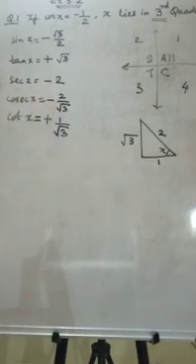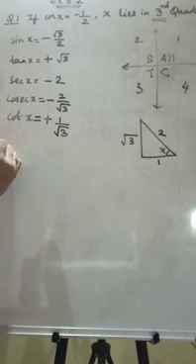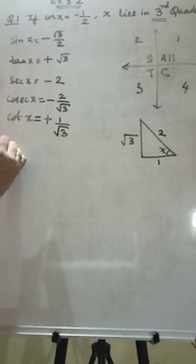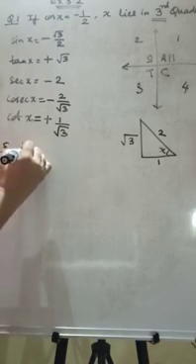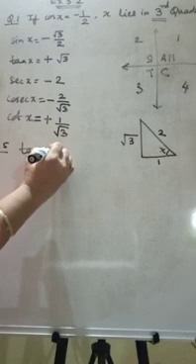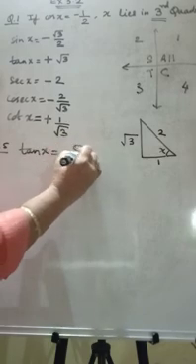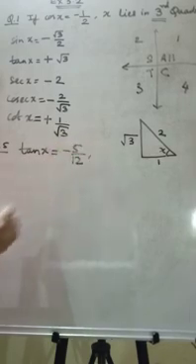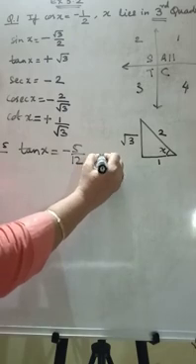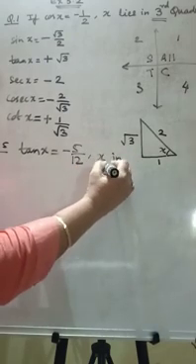Suppose I am doing one more question based on the same process. I write question number 5: tan x equals minus 5 by 12, and x lies in the second quadrant.